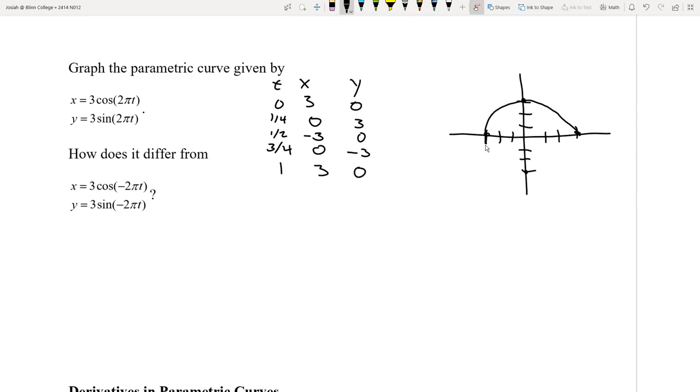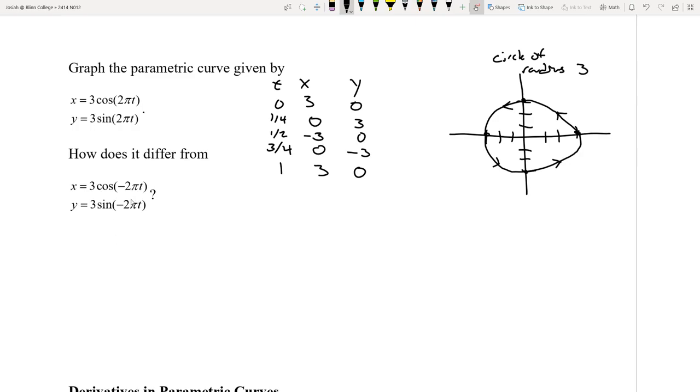So when I graph this, if I haven't done a poor job, it should look like a circle of radius 3. And I do want to indicate the orientation. I'll go ahead and put some arrows on to indicate that orientation.